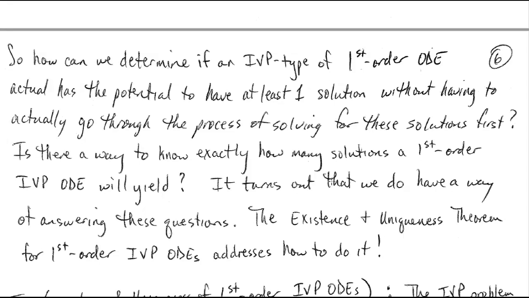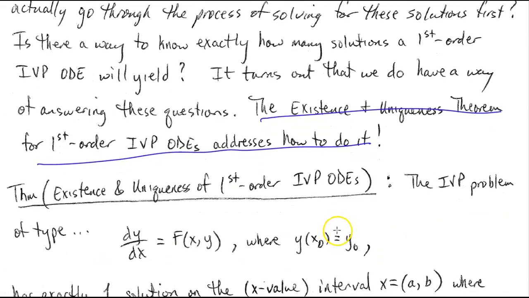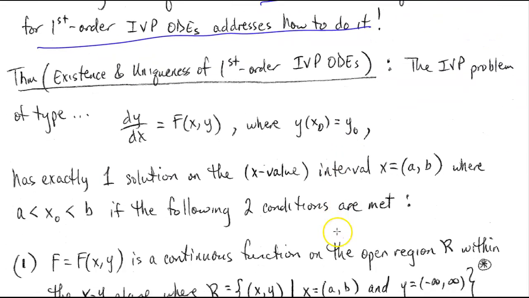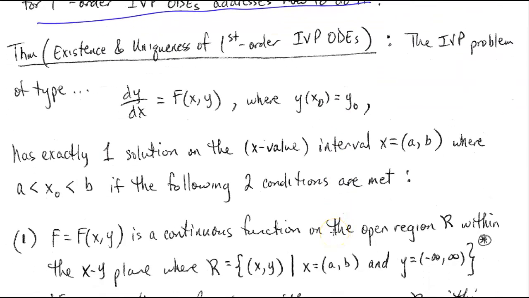And that's what the existence and uniqueness theorem for first order initial value problem ordinary differential equations is all about. Now, I'm going to mention this theorem, give you the overview of what it was really trying to ask, and then after that, I'm just going to move on.